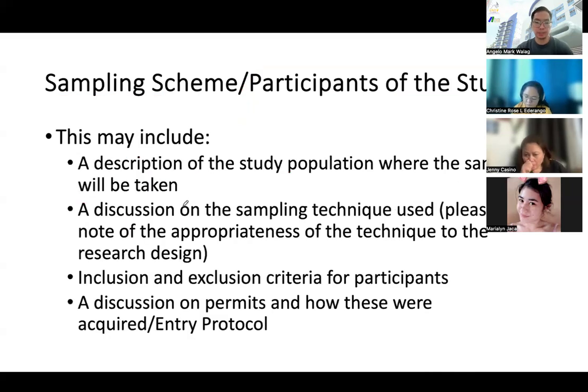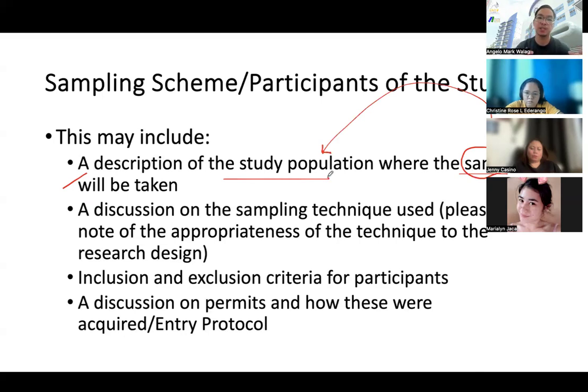So what should it include? For the sampling scheme, if it's quantitative, you have to describe the study population from where your sample will be taken. Why is this important? Because the generalizations that we get from the sample are generalized to the population. So you have to consider who your population is.